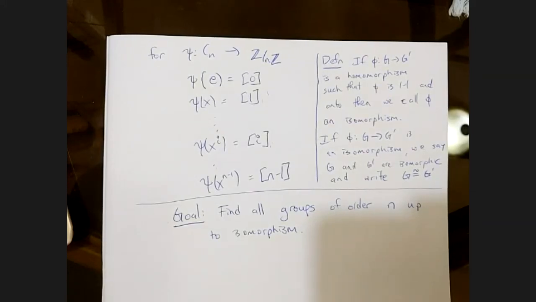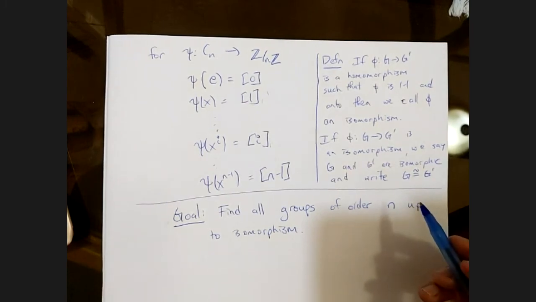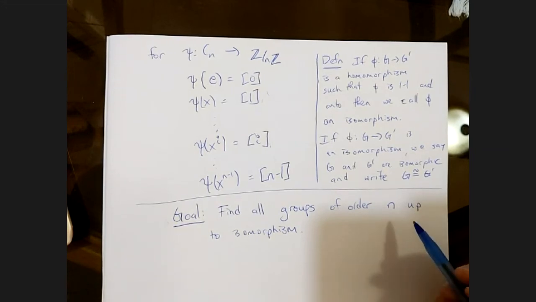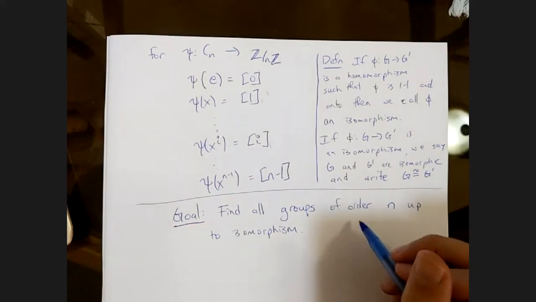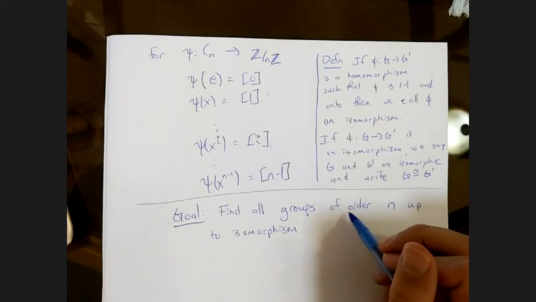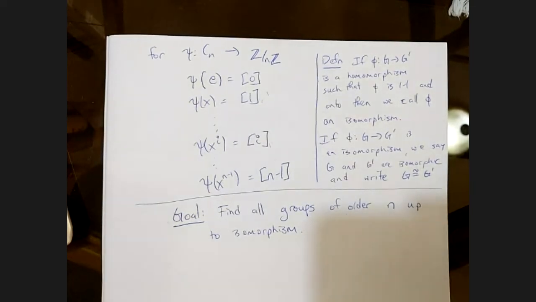That means for a given n, we might want to give a list of what any possible group can look like. For example, for n equals 10, I might want a list of groups such that any group of order 10 is isomorphic to one of the groups on my list. And we could exchange order n for some other property.